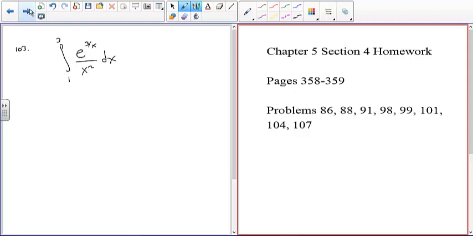We're going to talk about inverse trig functions here sometime. Okay, so we'll practice some more tomorrow.